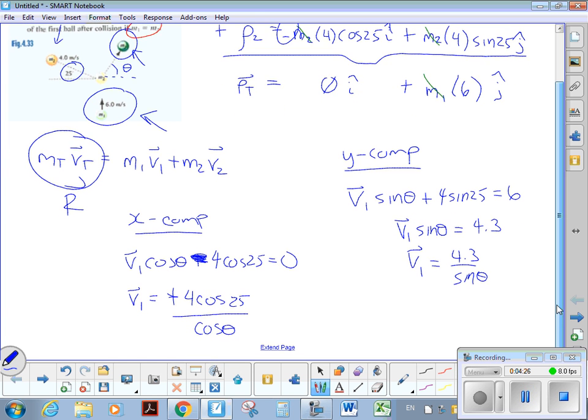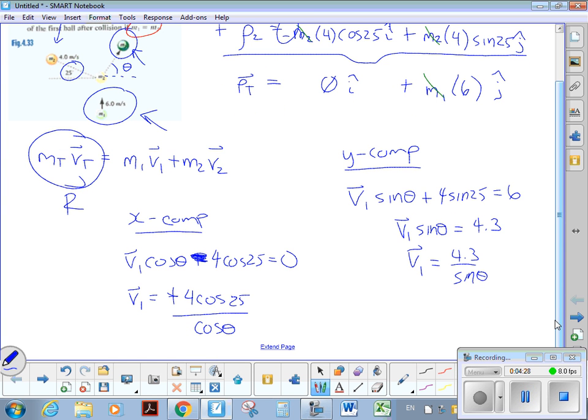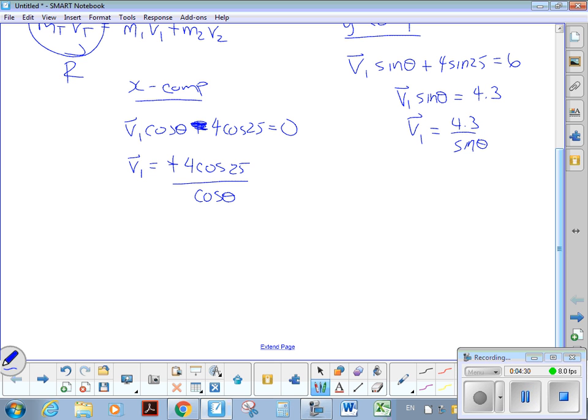over sine theta. So I have two expressions here to solve for. They're both equal to v1. So that means that therefore 4.3 over sine theta equals 4 cos 25, which is just a number, over cos theta. So I'm going to rearrange it. 4.3 over 4 cos 25.